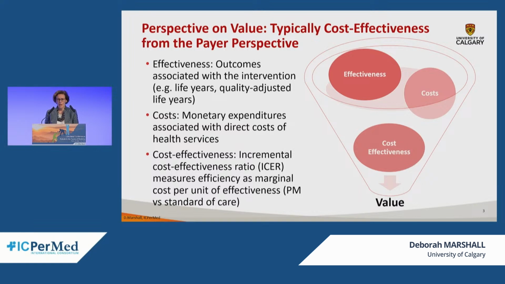And then the last piece is bringing it all together in this incremental measure that we call the ICER, the incremental cost effectiveness ratio. So that's your typical approach, precision medicine versus standard of care.